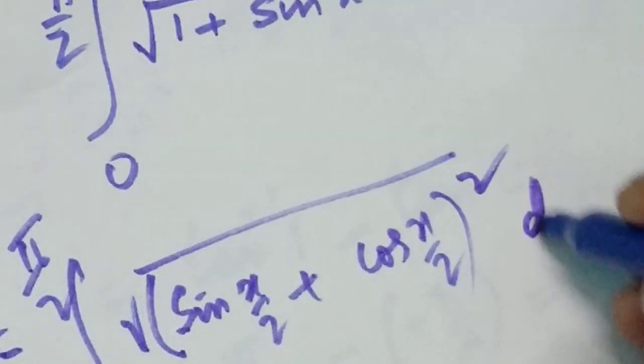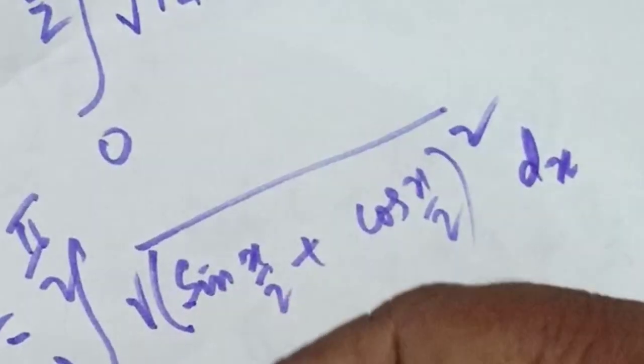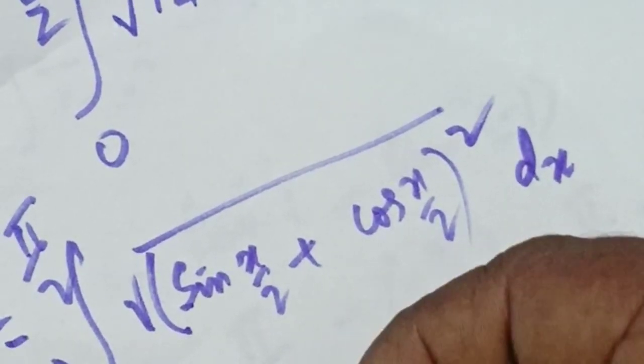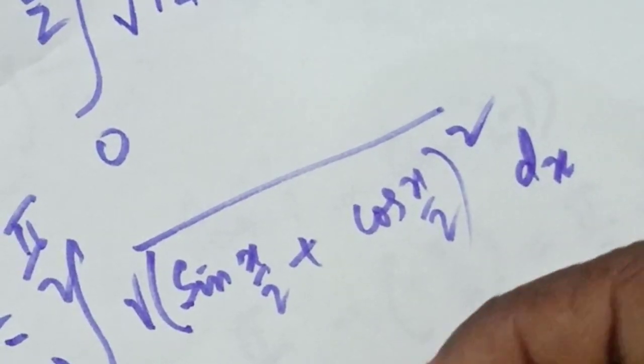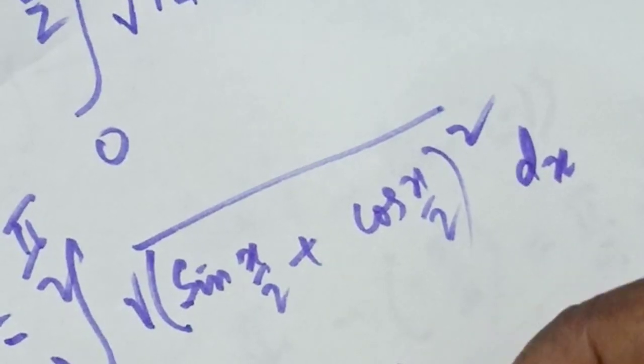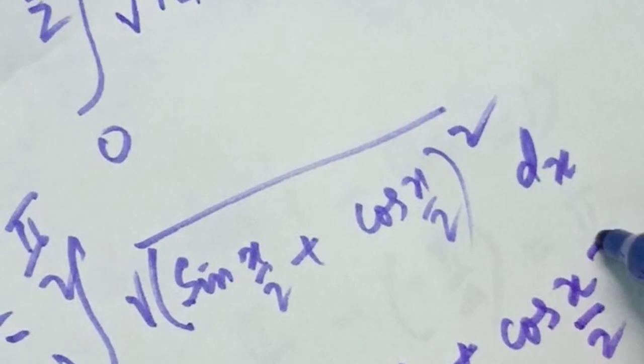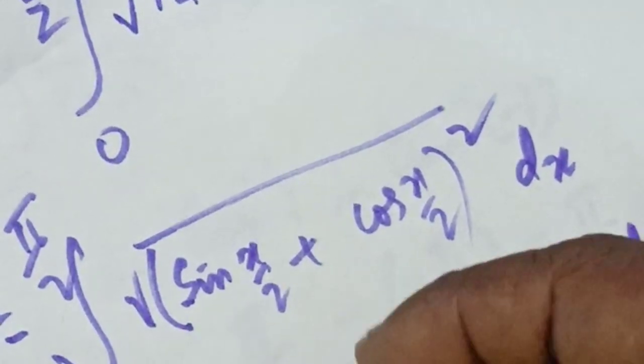So this is finally equal to the integration from 0 to pi by 2 of sin x by 2 plus cos x by 2 dx.